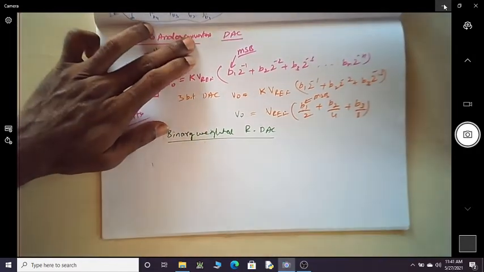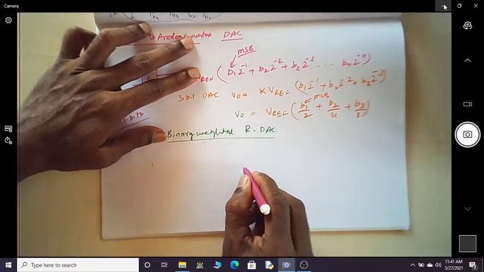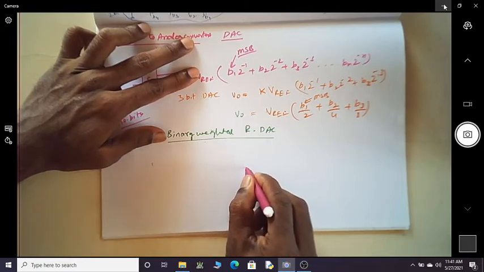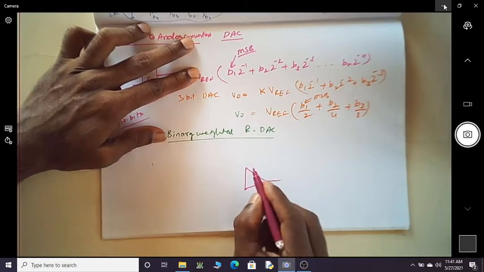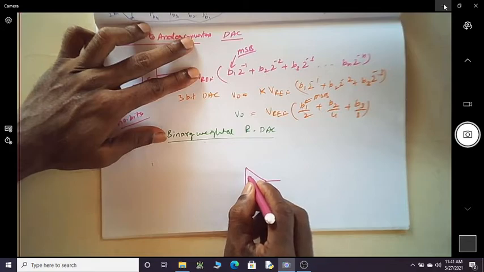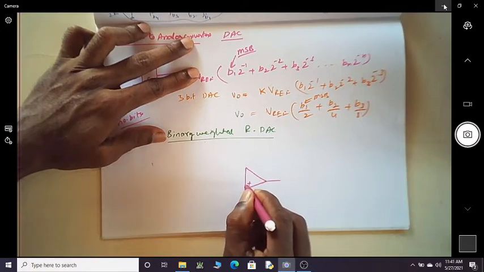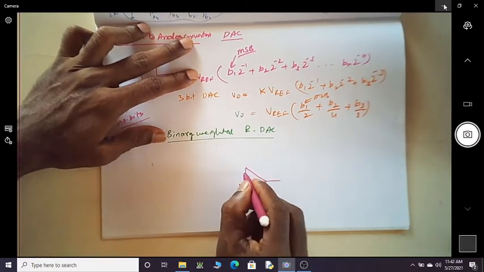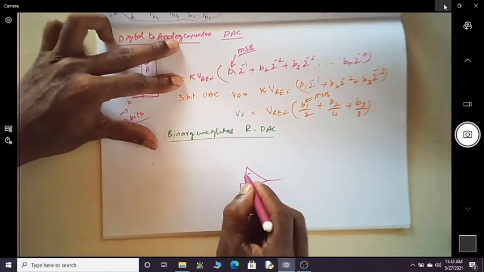The simple circuit goes this way. So we have a circuit diagram, which is an op-amp based circuit. I can have the plus terminal grounded here, and this is the minus terminal.